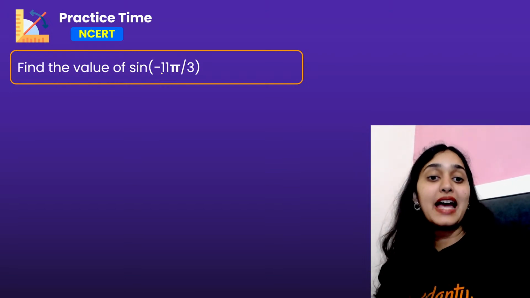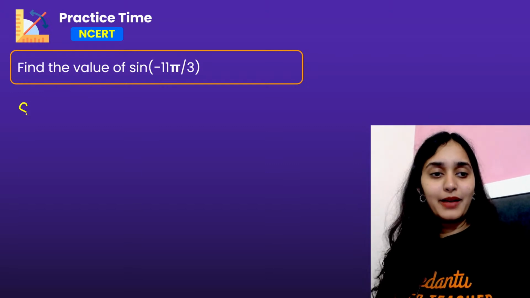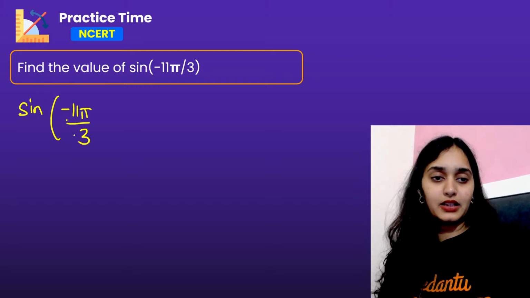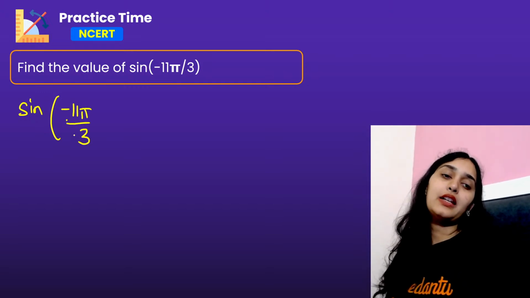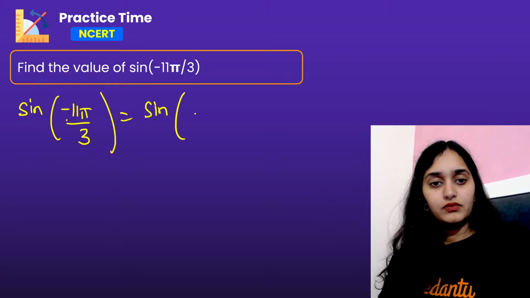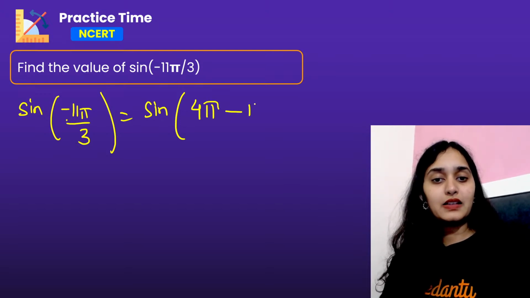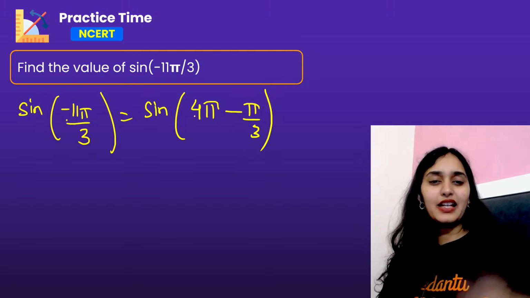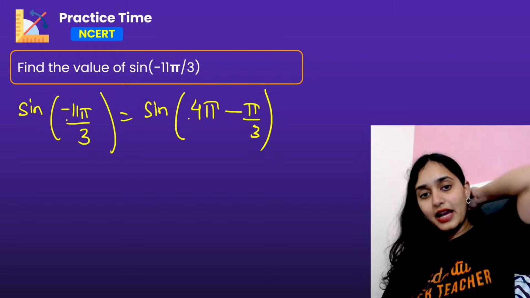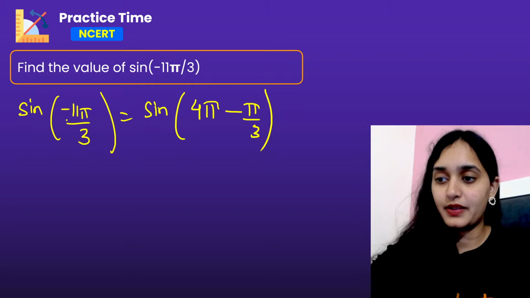Next, find the value of sine minus 11 pi by 3. Now how can I write minus 11 pi by 3? Maybe I can write it as sine of 4 pi minus pi by 3. Can I write it like this? 4 threes are 12, 12 minus 1 is 11, right? So I can write it as 4 pi minus pi by 3.